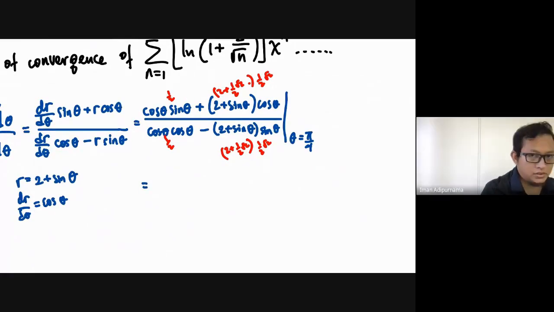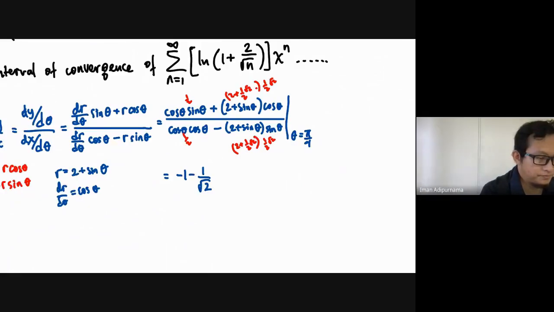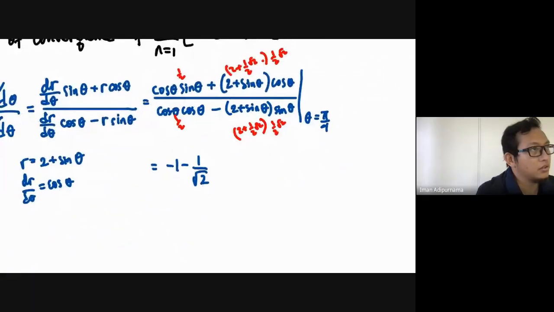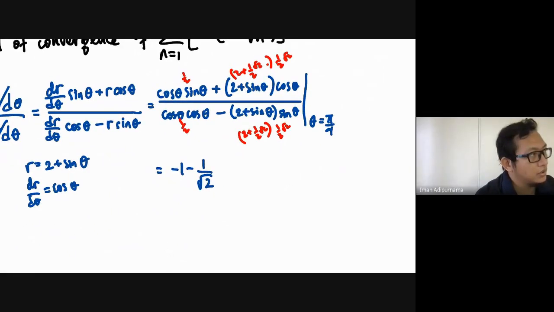I will give you the result: it is negative 1 over square root of 2. Okay, is it the same as yours? If you have a different answer, I hope it's the same, right?